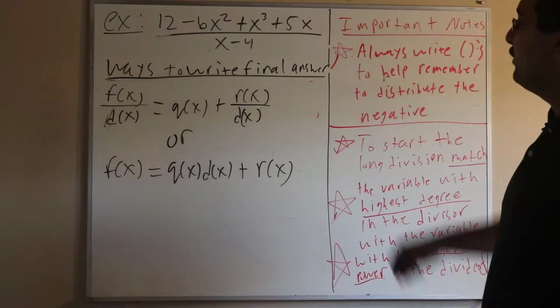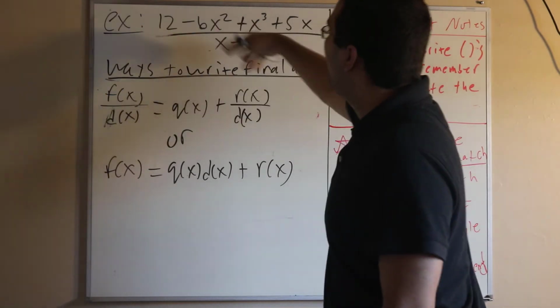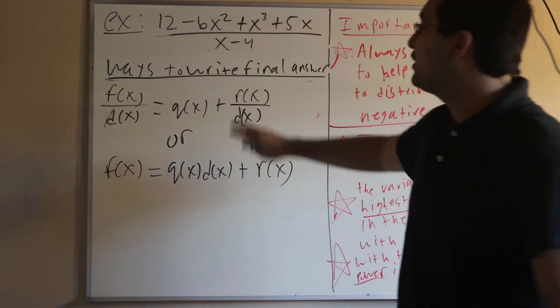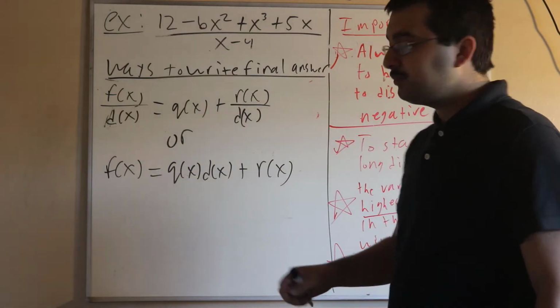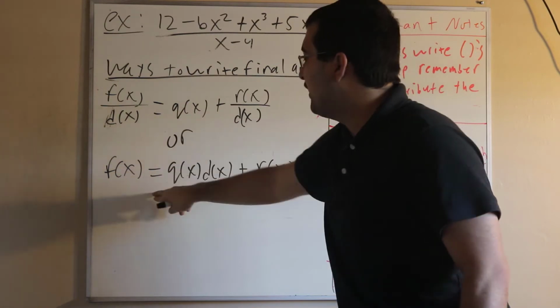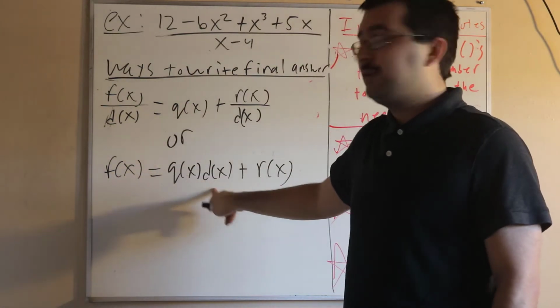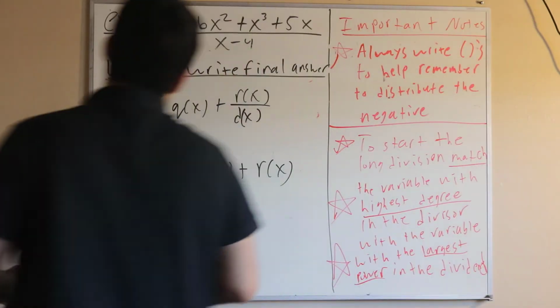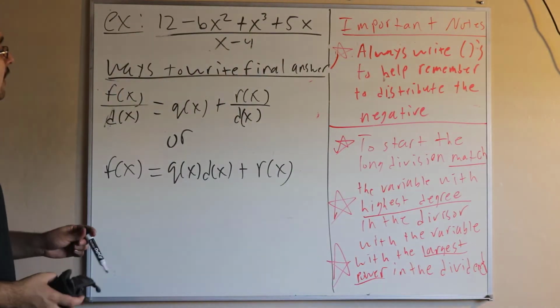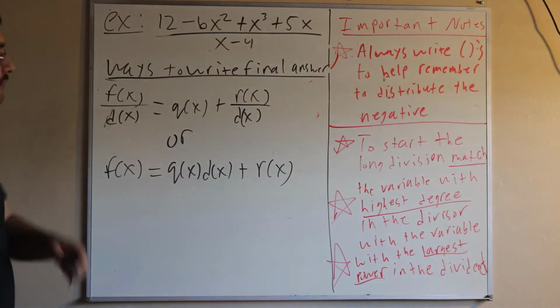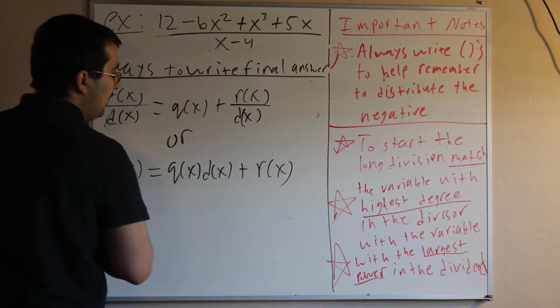There's the one way in which we have whatever problem we started with, and this would equal our quotient plus whatever remainder term. And then the second way is to take the dividend and say this equals your divisor times your quotient plus a remainder. So just to give it a bit more of a concrete meaning, for this problem, how we would write our final answer is one of two ways, and they would look like this.